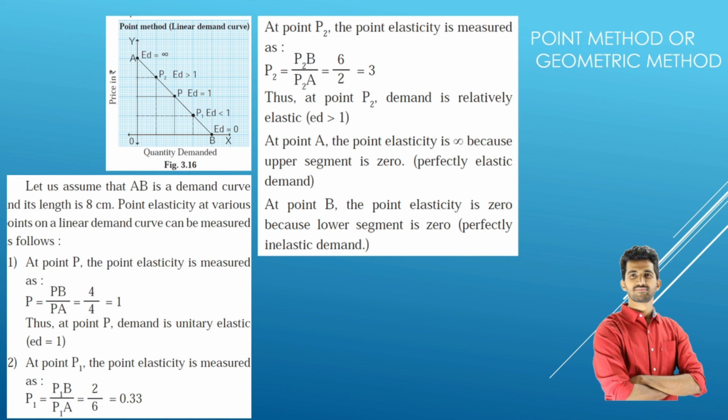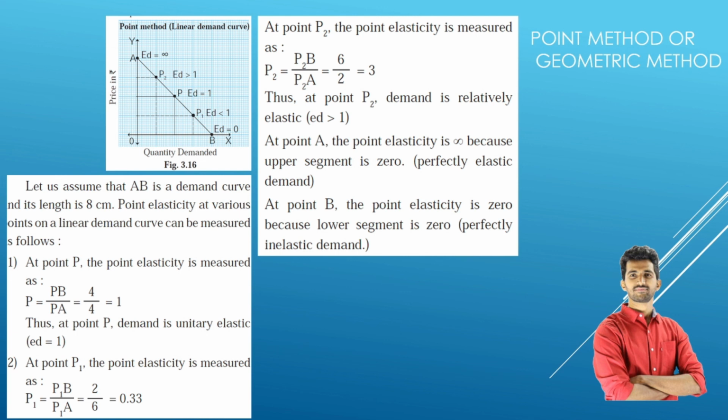Similarly, if we assume that the AB curve is of 8 centimeter and the sections are 2 centimeter each, we can easily calculate various elasticity of demand. Thus, point or geometric method is also a great method to understand elasticity of demand at each given point on a linear demand curve.